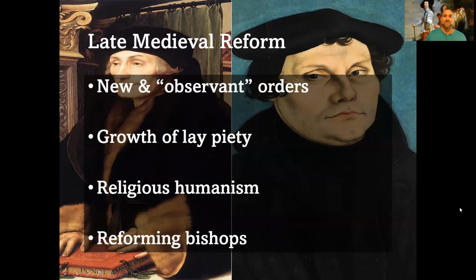Having said all that, there's actually a lot of reform going on in the early 16th century by the time you get to the Reformation. There are, for example, the founding of new religious orders, but also the founding of observant orders. We mentioned this before.